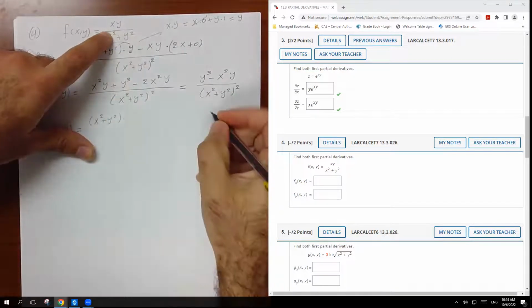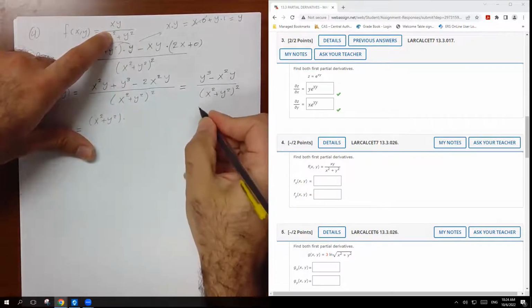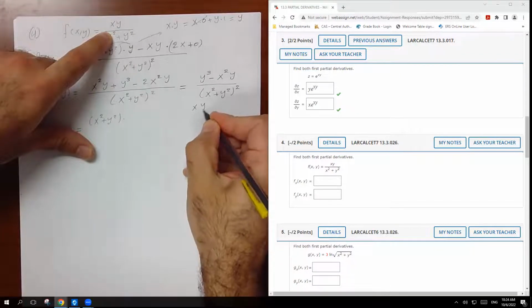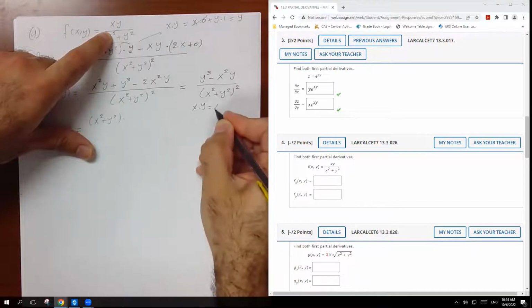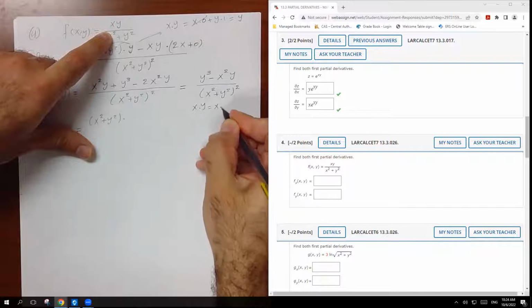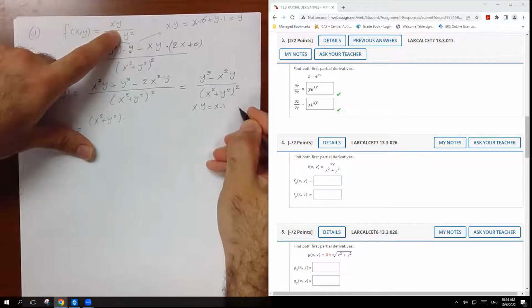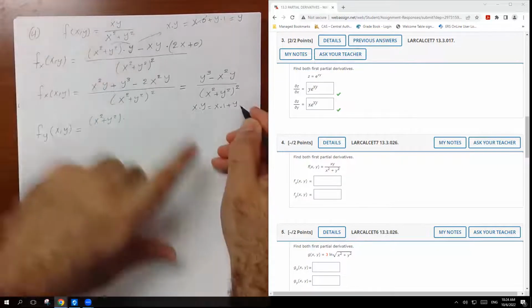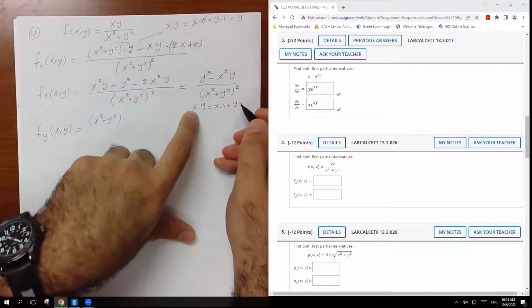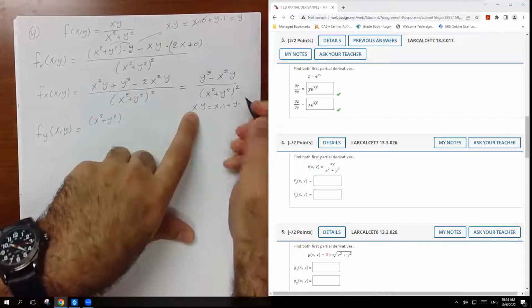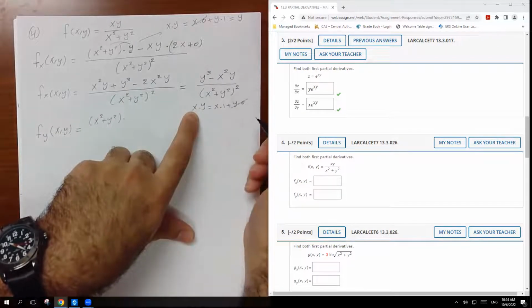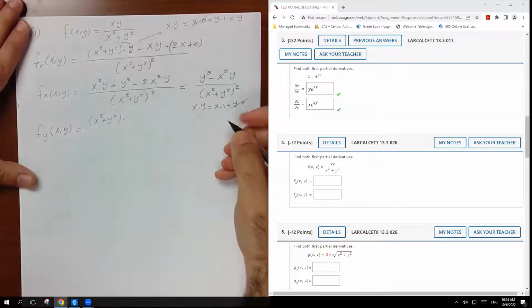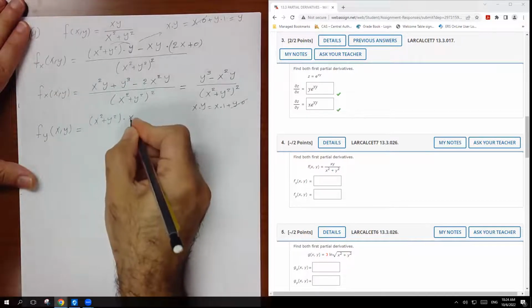So let's do it here on the side. I'm going to use the product rule. Here's xy. That means it's going to be the first one times the derivative of y, which is 1, plus the second one times the derivative of x with respect to y, which is 0. That's why this is 0, so what's left is just x. That means this is times x.